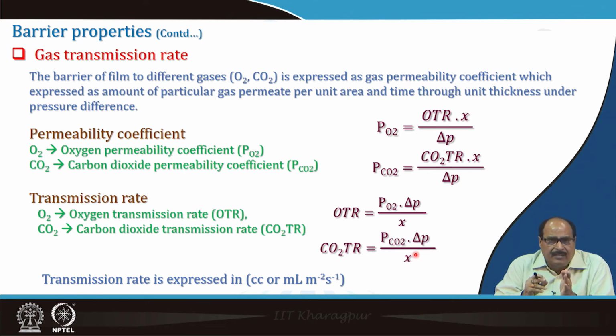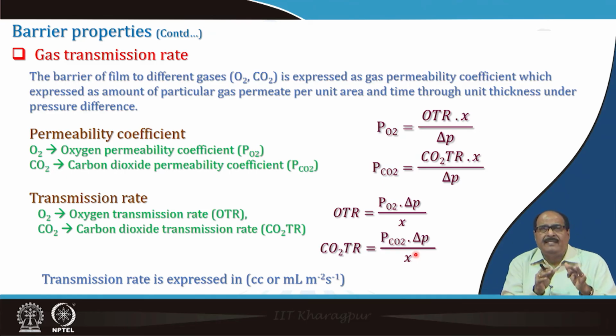Transmission rate is written as OTR for oxygen transmission and CO2TR for carbon dioxide transmission, and PO2 is equal to OTR multiplied by X divided by delta P. Similarly, PCO2 is CO2TR multiplied by X divided by delta P. Similarly, OTR and CO2TR can be calculated if you know the PO2, the partial pressure difference and the thickness of the material.